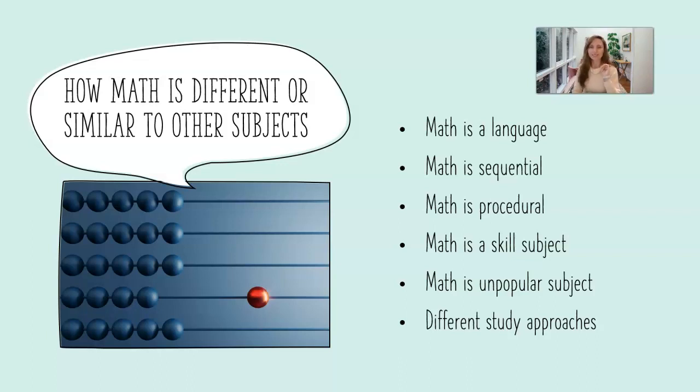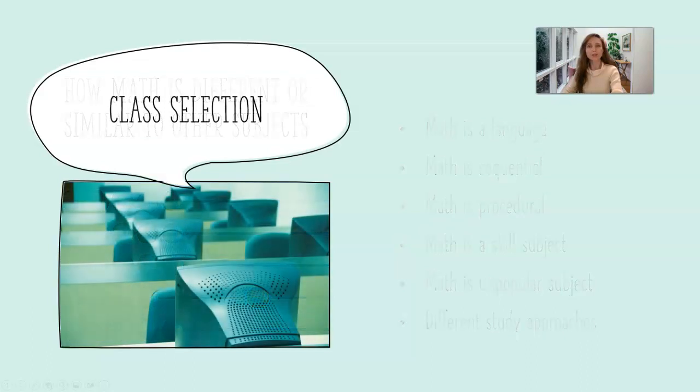Let's look at how different. First, let's look at how to select your math class that would work best for you. Consider whether you are more of an independent learner or you would benefit from frequent and direct input from the instructor. I'm talking about online and face-to-face classes. When you decide to take an online math class, consider the fact that most of the studying you're doing independently.